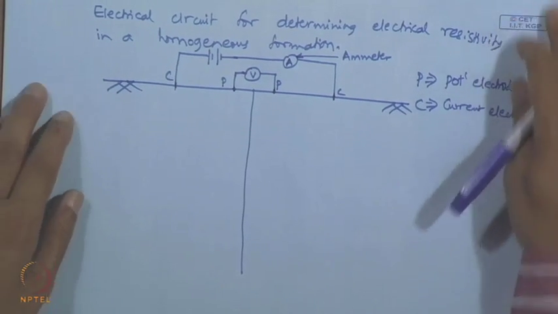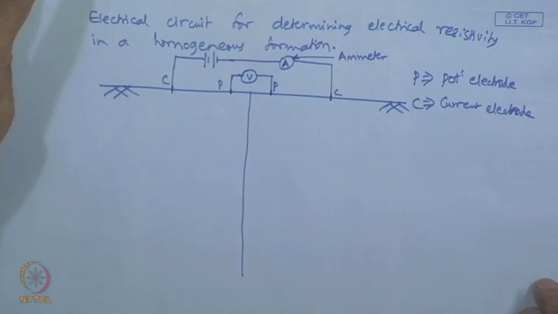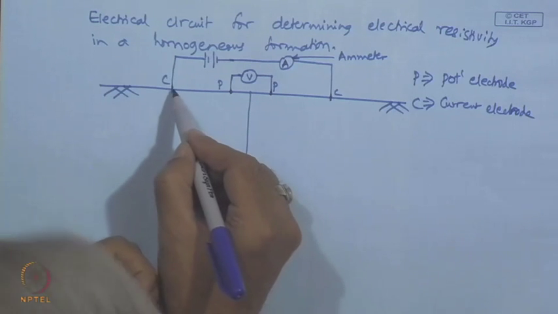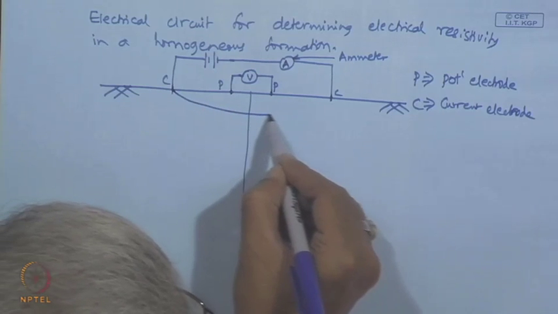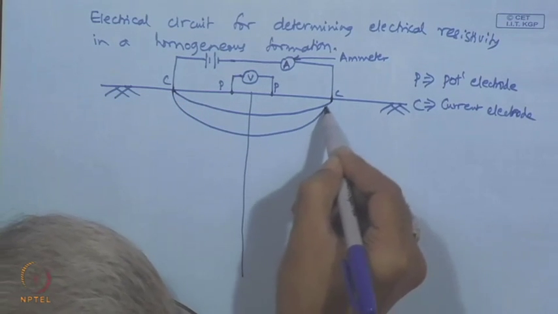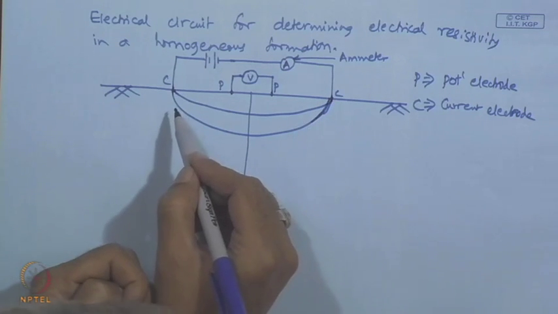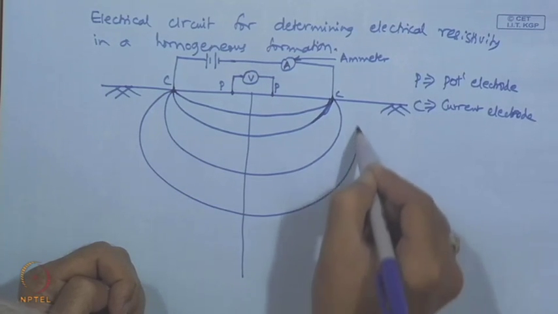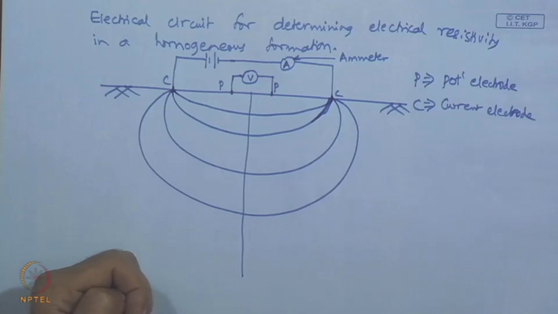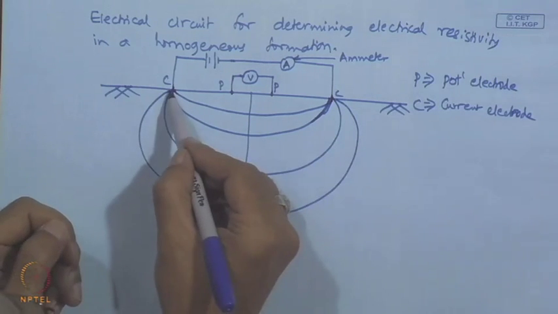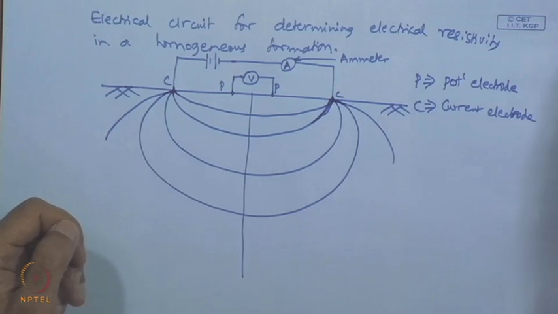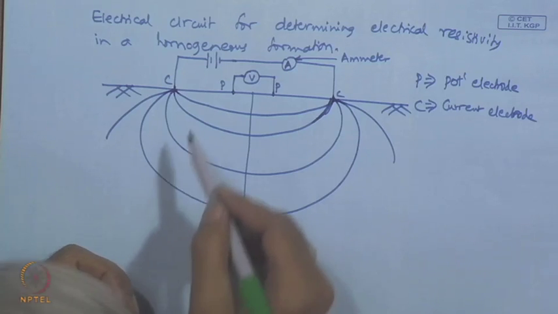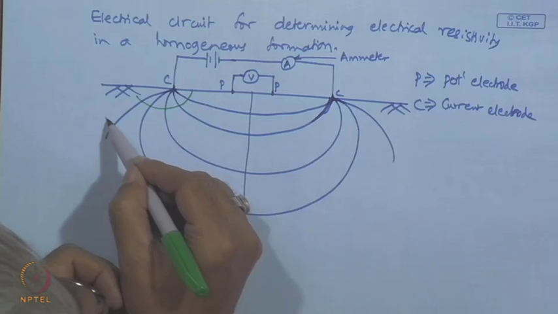In this case the current lines are ellipses, and the equipotential lines, let me show with a different color, are confocal hyperbolas, which are orthogonal to the current lines.